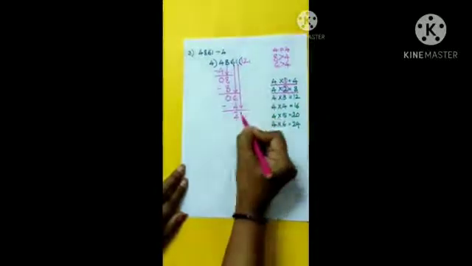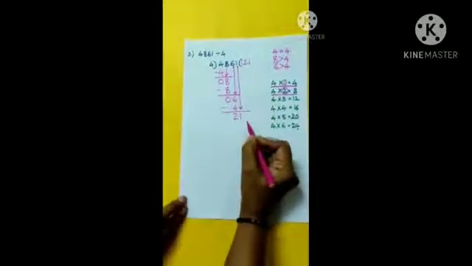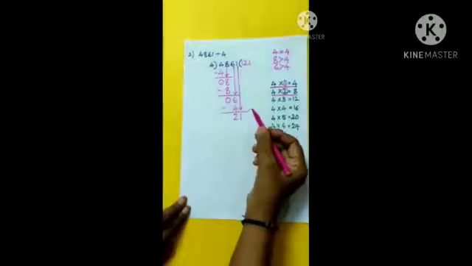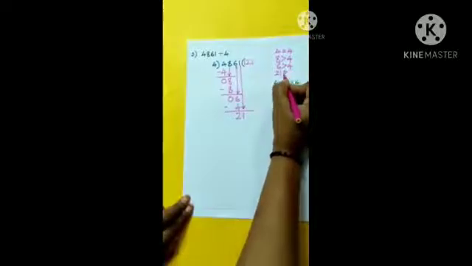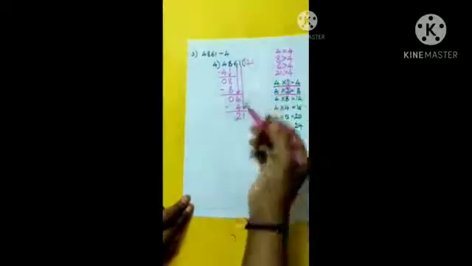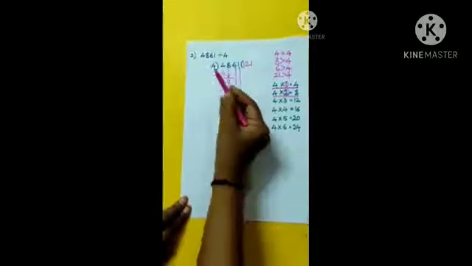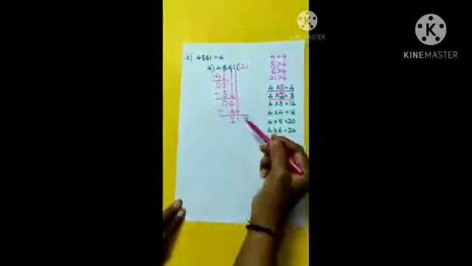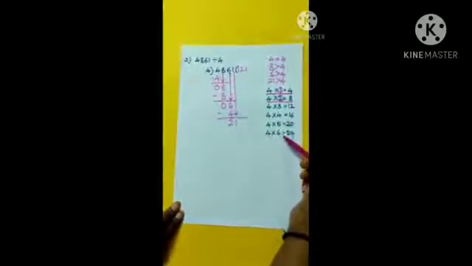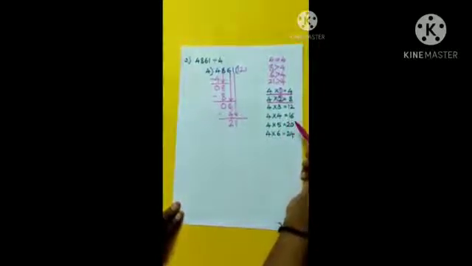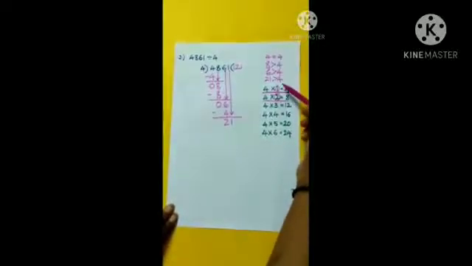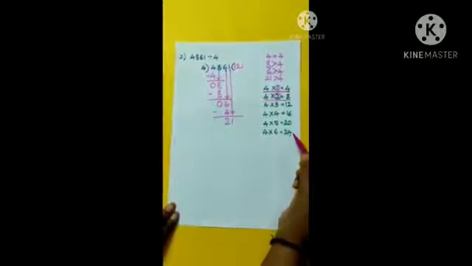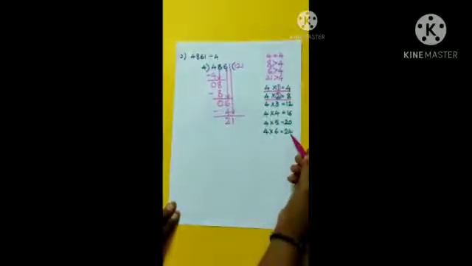Now the number is 21. So here we compare 21 with the divisor 4. 21 is greater than 4 and therefore we can divide 21 by 4. Again we use the table of 4 to find the product which is equal to and nearest to 21. Here in the table 21 is nearest to 20 and 24.